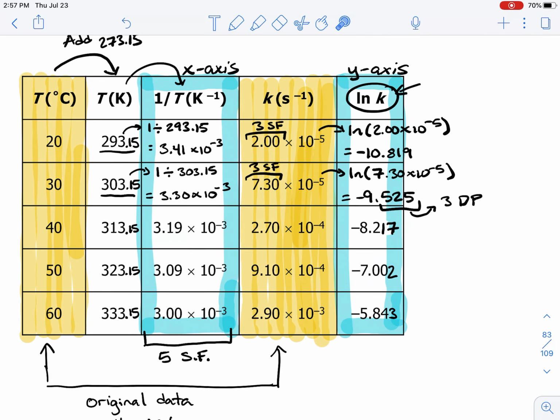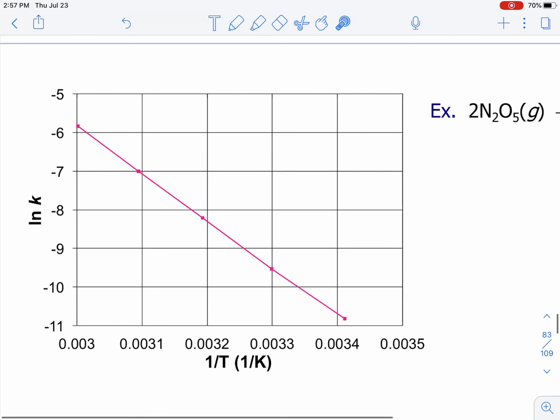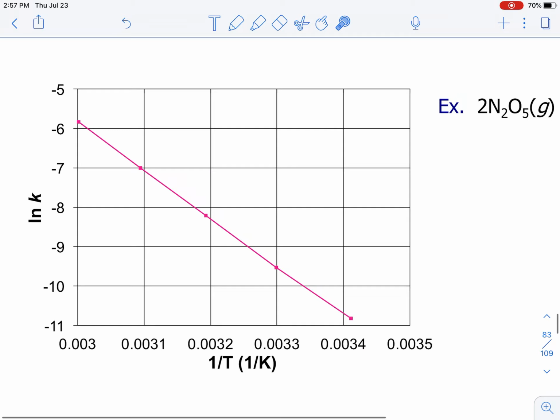And so if you were to plot this on Excel, for example, you'll obtain a graph that looks like this, where the y-axis represents the natural log of k. And so I'll go ahead and talk about this in greater detail when we look at the Van't Hoff equation. But the units for the natural log of k is unitless. So that's something that I just want to toss out over there.